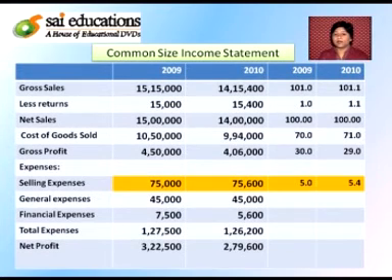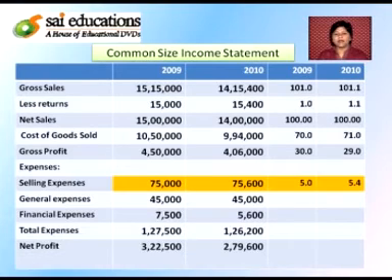In the year 2010, the selling expenses increased to 75,600, और सिमिलरली 75,600 डिवाइडेड बाय 14 लाख मल्टीप्लाई बाय 100 मीन्स 5.4. तो सेलिंग एक्सपेंसेस भी हमारे बढ़ गए.